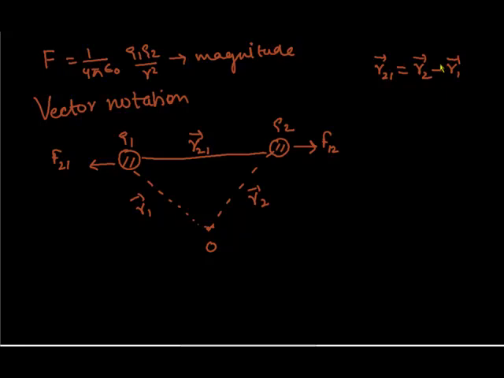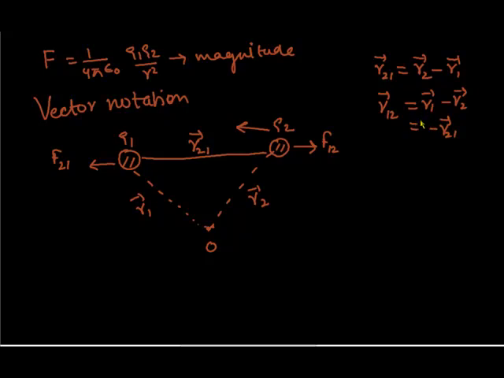Similarly, the vector leading from charge Q2 to Q1 is R12, which is equal to R1 minus R2 and is equal to minus R21.